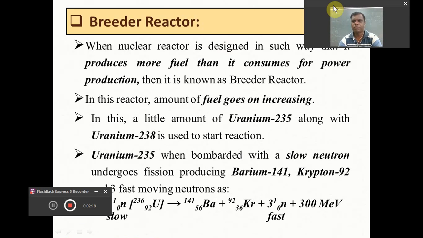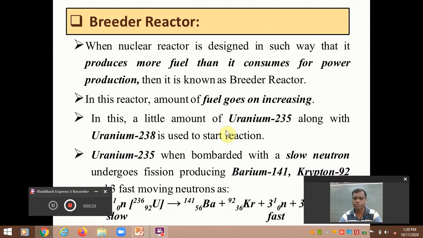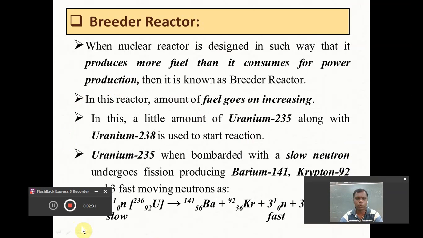If you remember the power reactor, we are using some nuclear fuel, and with the help of nuclear fission we are getting nuclear energy, and this nuclear energy can be utilized to obtain electric power.